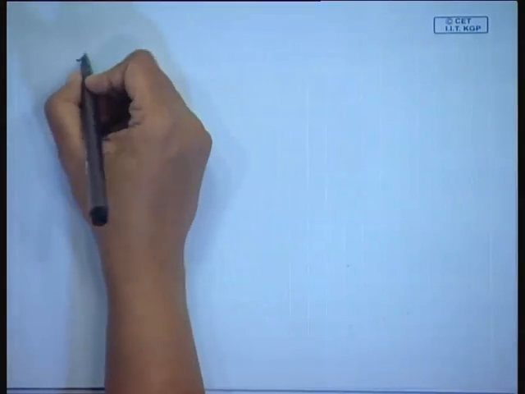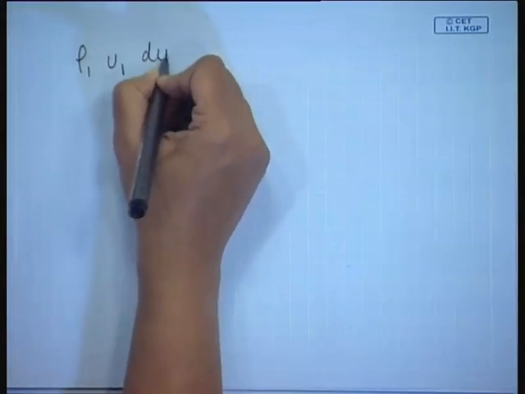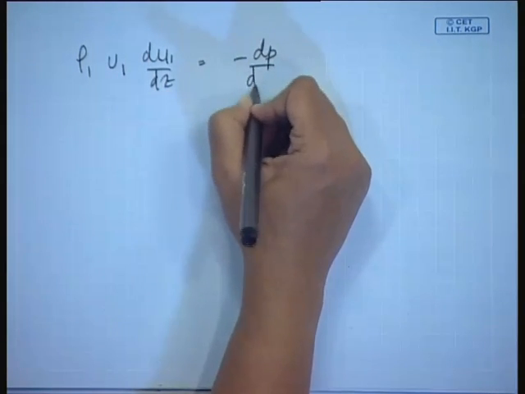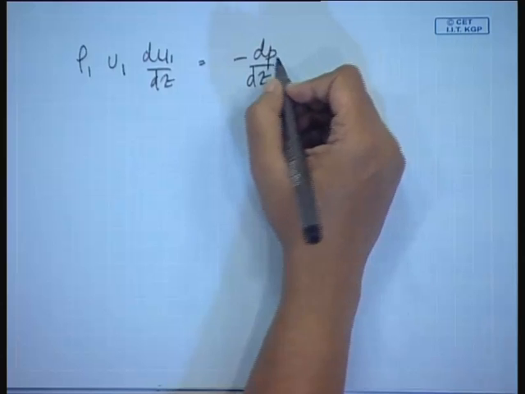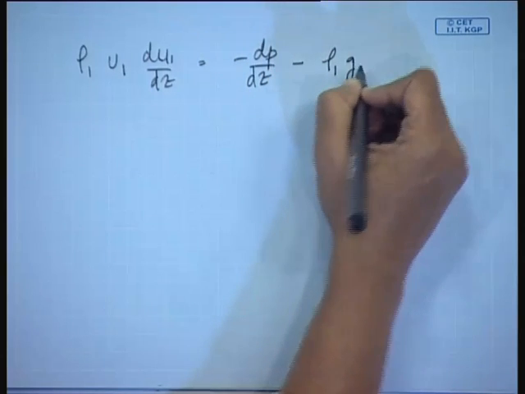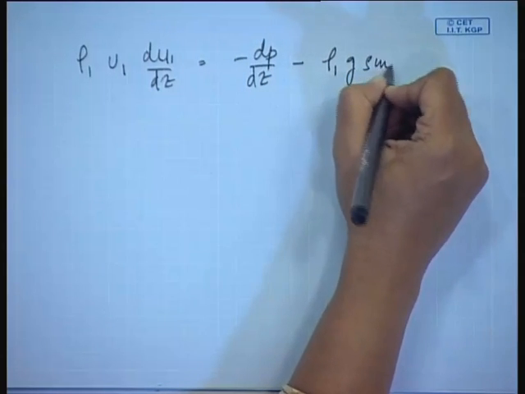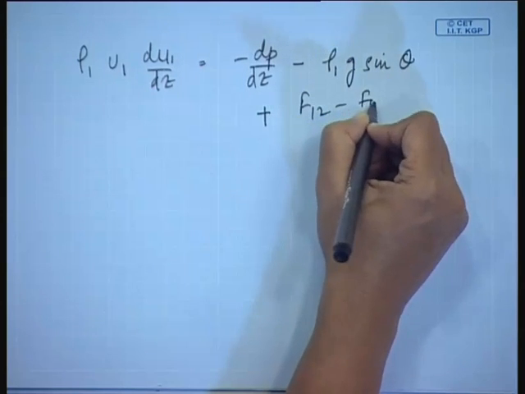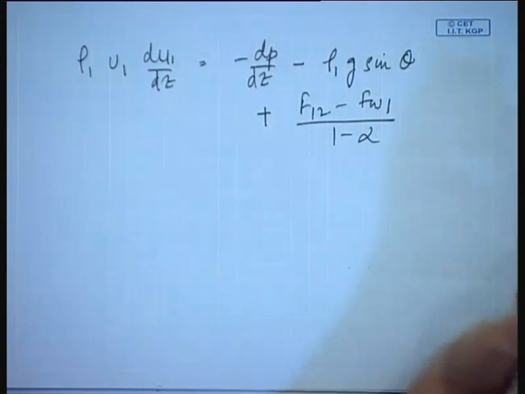We get rho 1 u1 du1 dz. This is minus dp dz, one dimensional flow. So, everything becomes in this particular form: minus rho 1 g sin theta plus F12 minus Fw1 by 1 minus alpha.